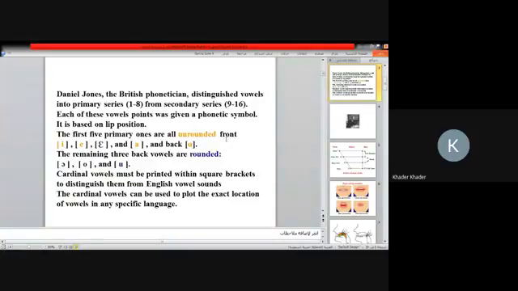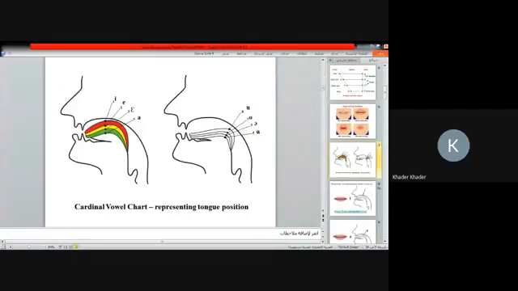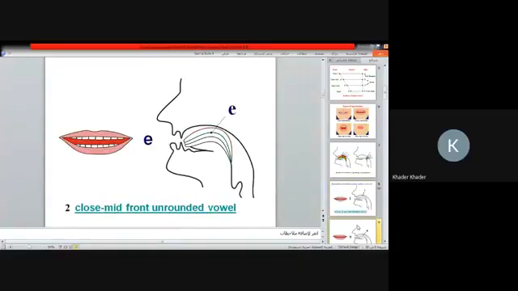The cardinal vowels can be used to plot the exact location of vowels in any specific language. Look at the position, as I explained. Number 1 is a close, front, unrounded vowel. 2 is a close-mid, front, unrounded vowel.